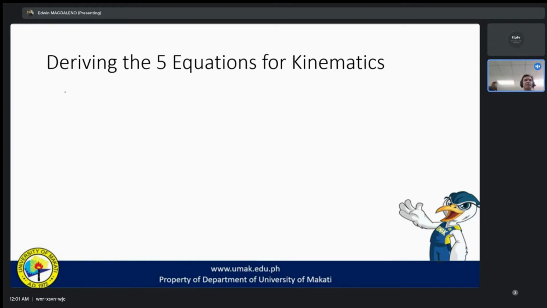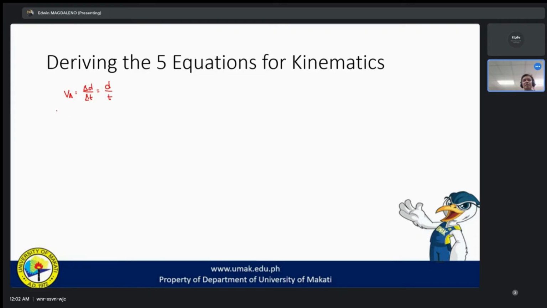average velocity. The first one is average velocity. Average velocity is the change in distance divided by change in time, or simply put, displacement divided by time. Okay? But what is average velocity?